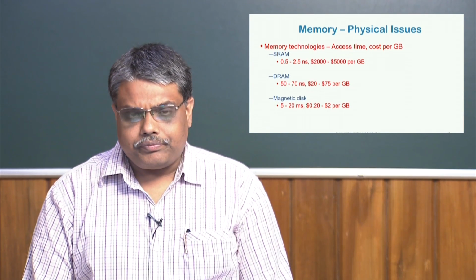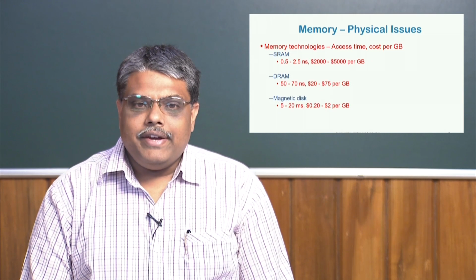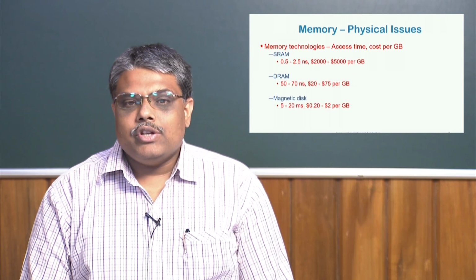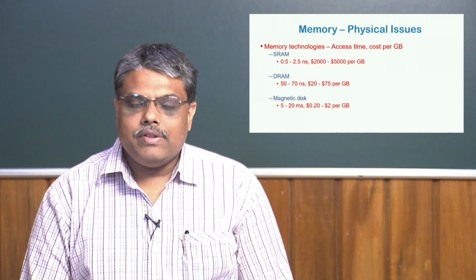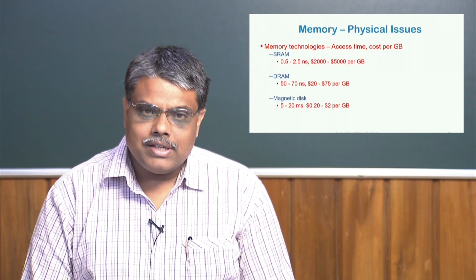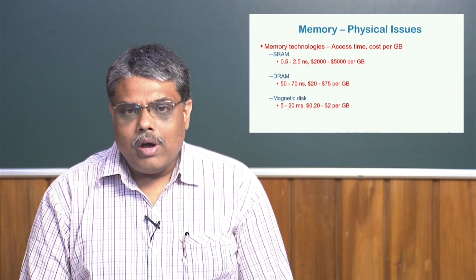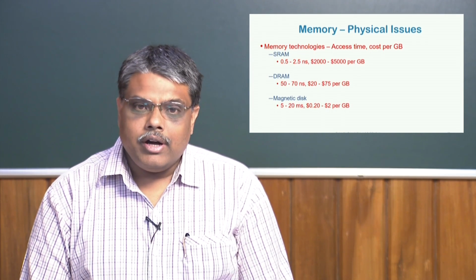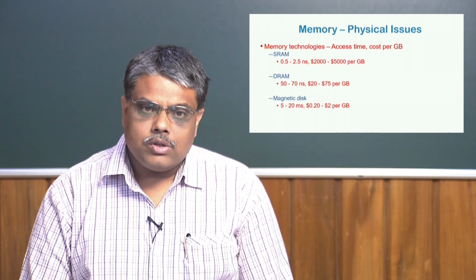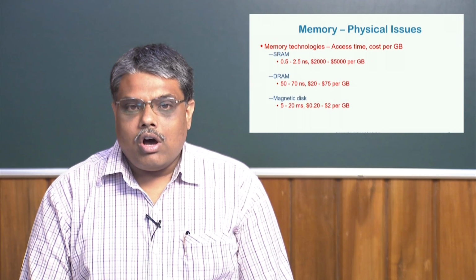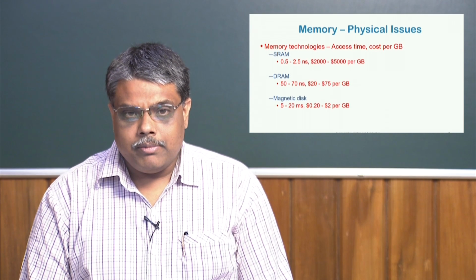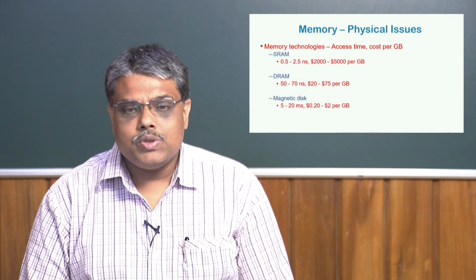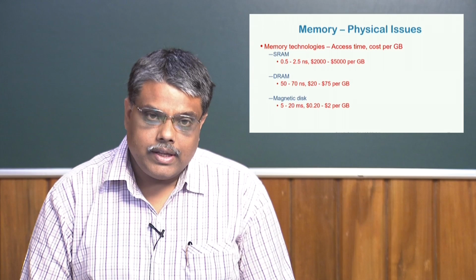The access time of a DRAM is typically in the range of 50 to 70 nanoseconds, but it is also about 100 times cheaper than SRAMs. So, the typical cost of DRAM units ranges between $20 to $75 per GB.